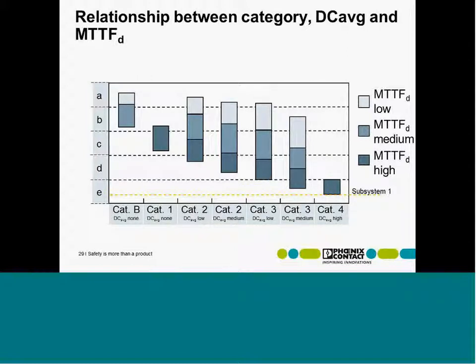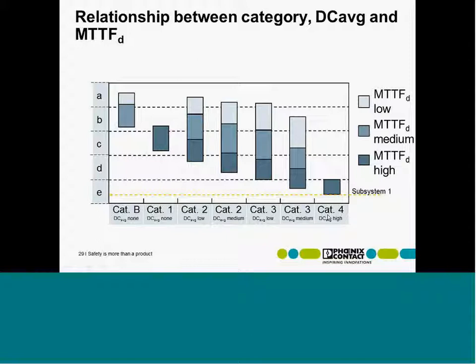This is a bar graph or illustration taken directly from the standard, where you combine the 3 parameters: category, diagnostic coverage, and MTTF. We have an MTTF of high, which is the dark gray color as you see it here, so that means this box.